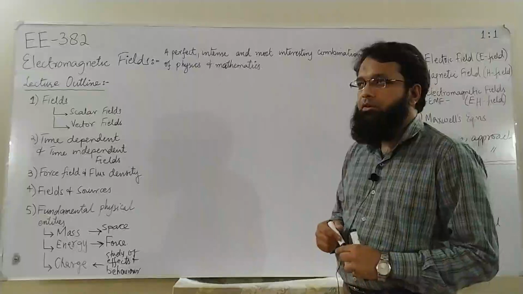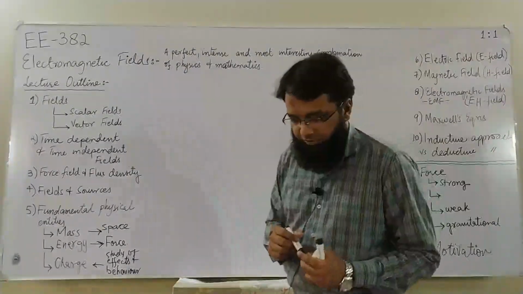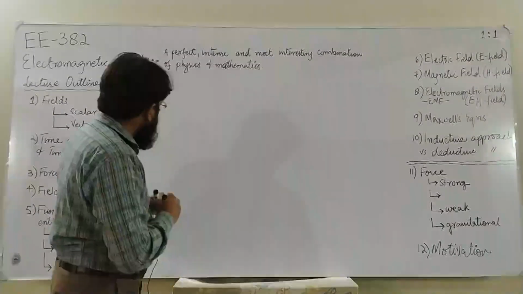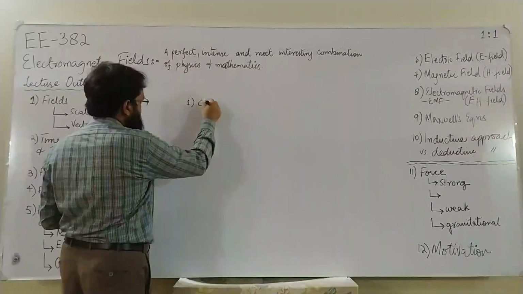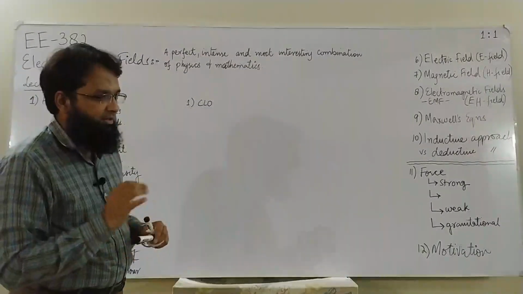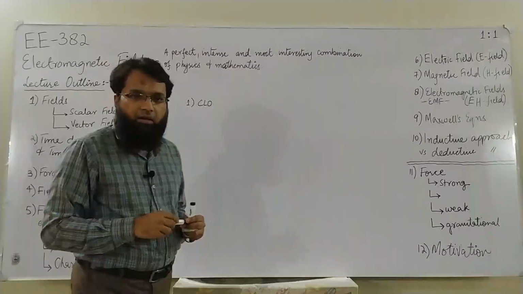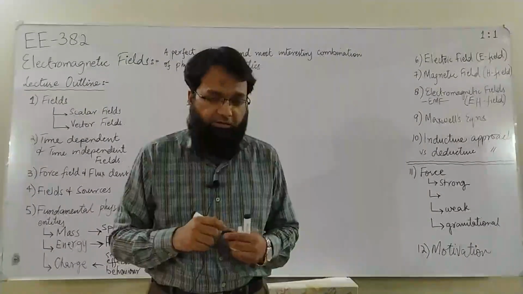Mainly there are three administrative things that you should know about this course, and they are: number one, CLOs and PLOs. So exact statements of the CLOs are given on the Google Classroom platform.